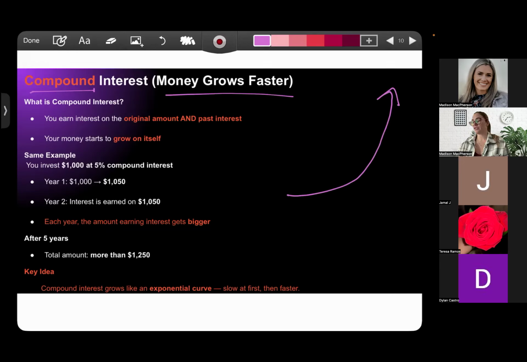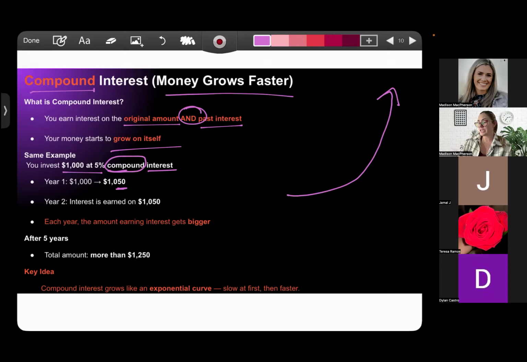So what is compound interest? You earn interest on the original amount and past interest. So your money starts to grow on itself. What that means is if you invest $1,000 at 5% compound interest, the first year you're going to make $50, which is the same as the simple interest.